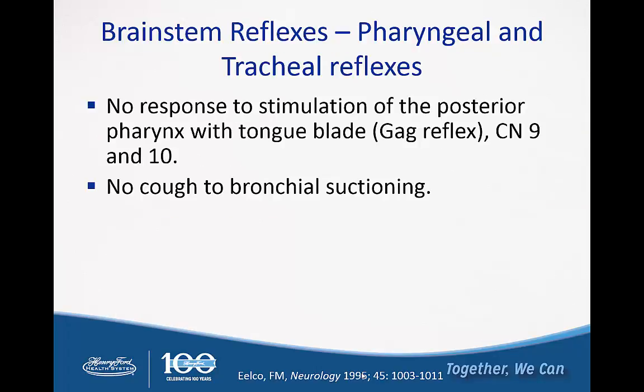And then usually we will have gotten some input from other people as far as whether or not they think the patient has a gag or a cough reflex, but we always test ourselves. You can test the gag reflex with the Yankauer, and the cough reflex with tracheobronchial suction, usually done with a Ballard suction.